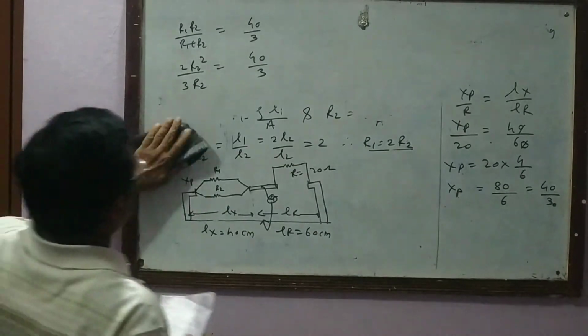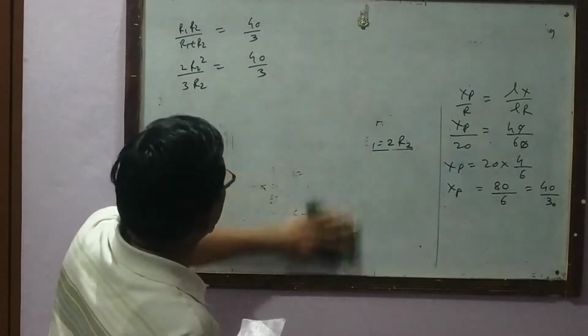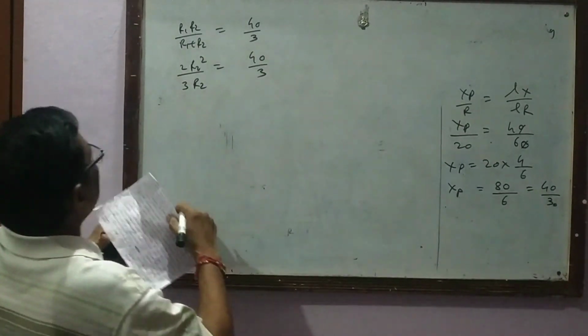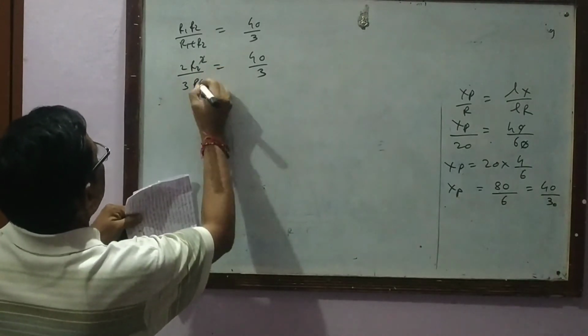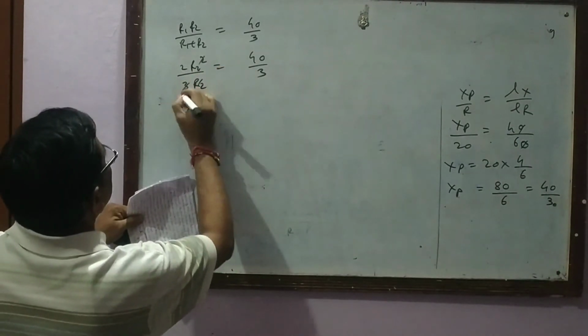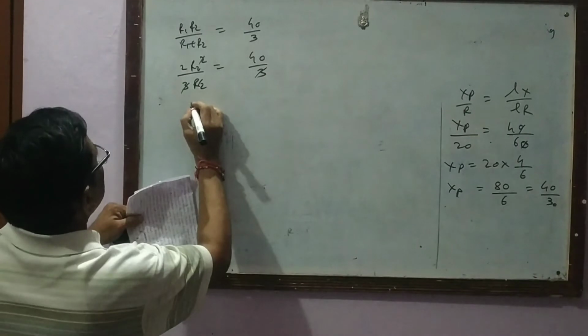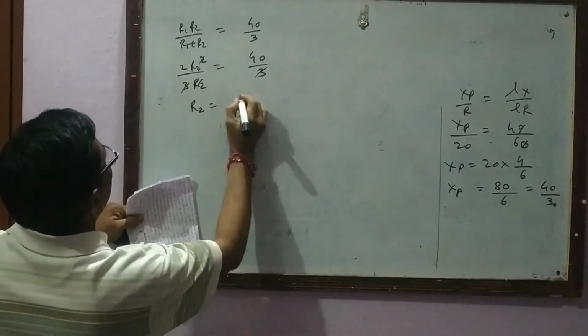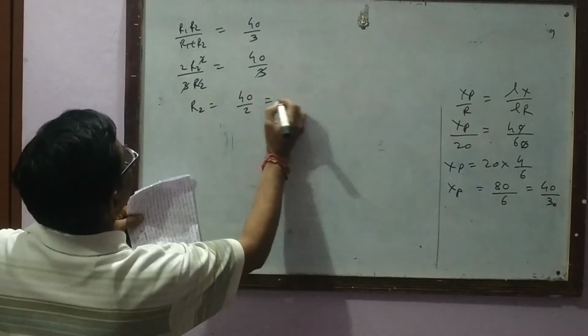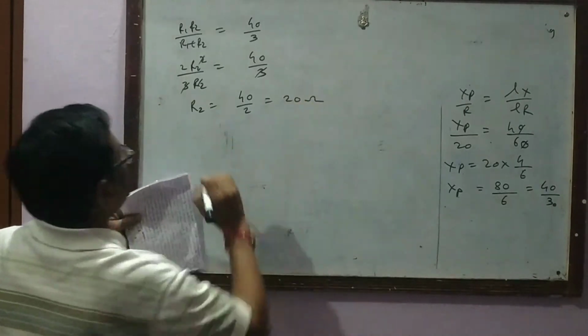Finally one R2 will get cancelled and 3 will get cancelled, and therefore R2 is equal to 40 upon 2, that is equal to 20 ohm.